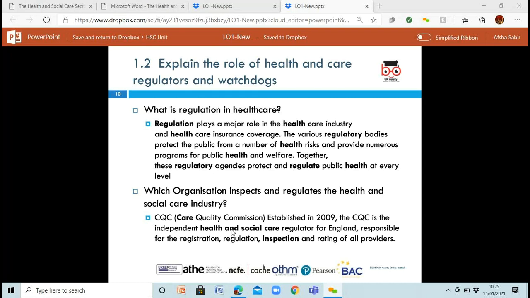Now, this was actually established in 2009, and they're an independent commissioning board which regulate health and social care for England. So they make sure that you've got your registration, your regulation, and they're doing inspection, and they rate all providers. It's sort of like Ofsted for education, but on the health and social care side.